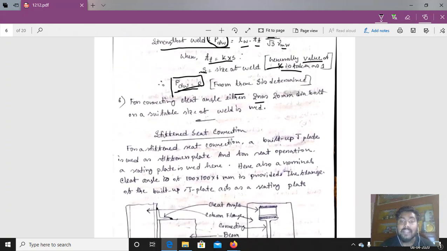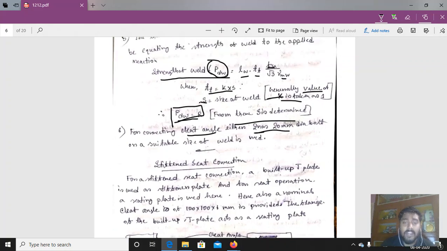So here S is determined, and as I have told you, the nominal cleat angle used is 100 into 100 into 6. Generally two numbers of 20 mm diameter bolts are used if you use a bolted connection for the cleat angle, and if you do not, we generally provide the S determined here as the connection of the cleat angle also.